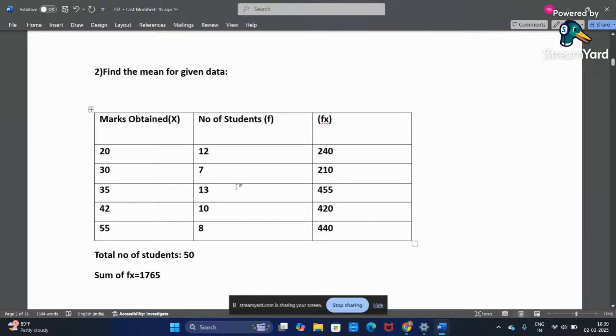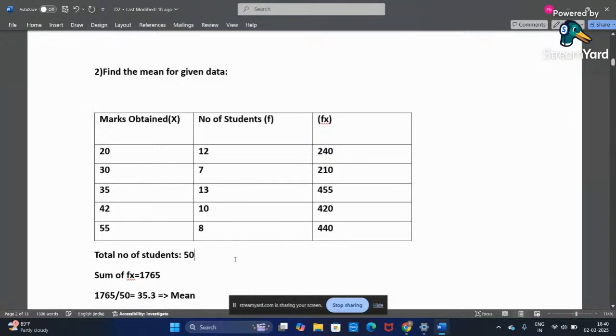To find the mean value, we have to divide the sum of fx by the total number of students. Divide by 50. That is 35.3. This is the mean value.